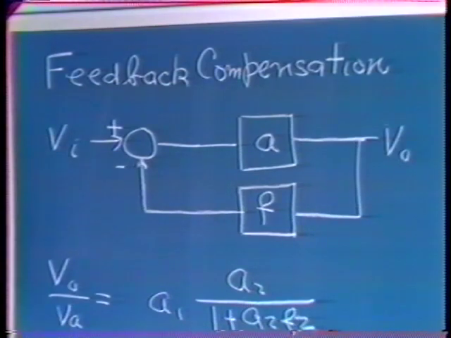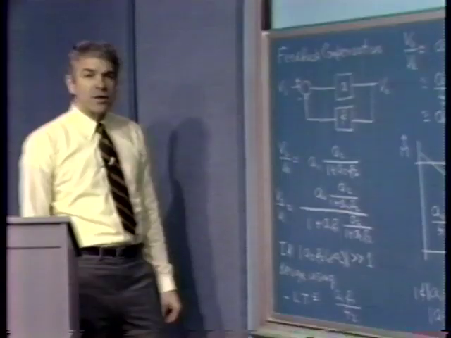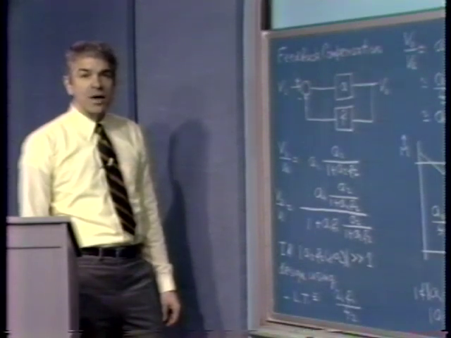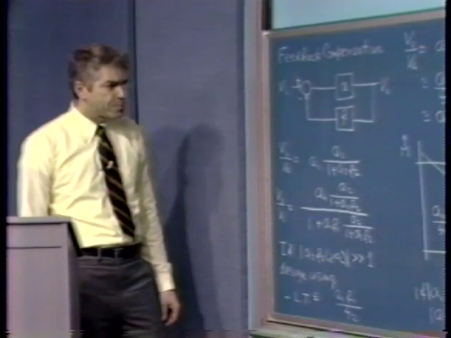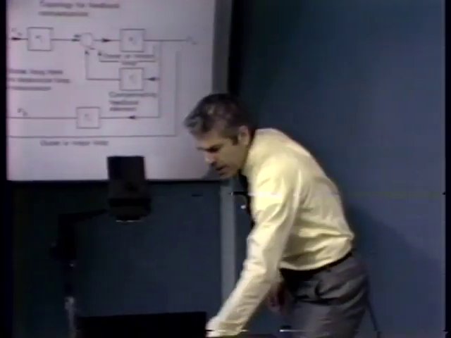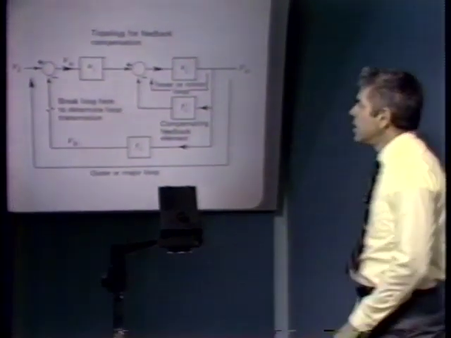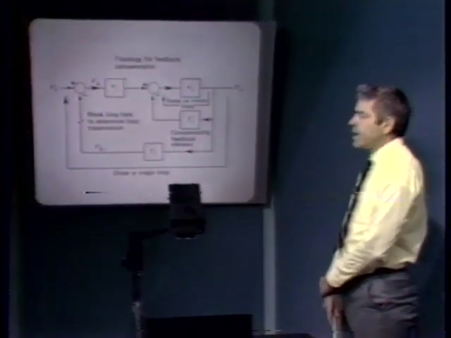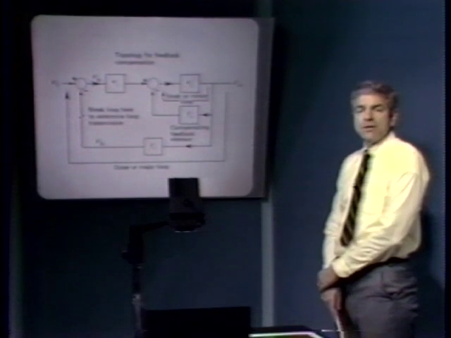The effect of adding it in any of those places on the loop transmission is identical, of course, and so it has the same effect on stability regardless of where we locate it. However, the actual closed loop gain of the system varies as a function of where we locate the series compensating element. Today, I'd like to consider another way of compensating a feedback system, in particular feedback or minor loop compensation.